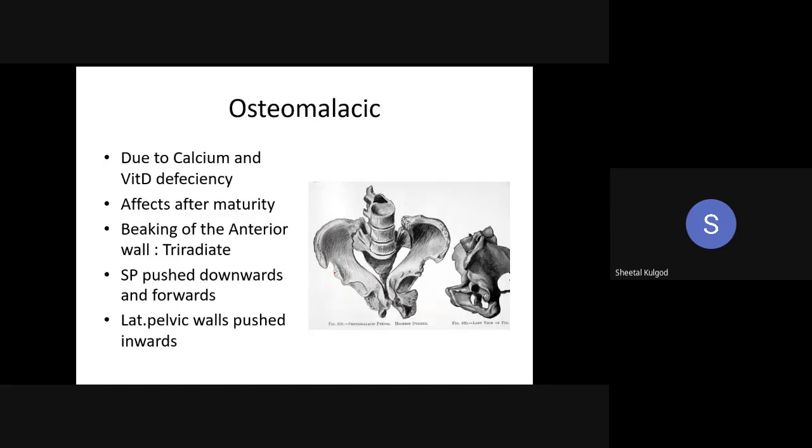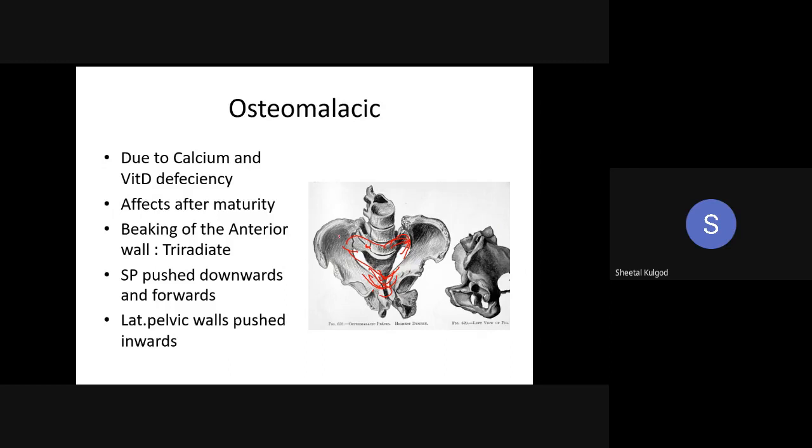So these are the salient features of the rachitic pelvis. Coming to osteomalacic pelvis, again it is because of the severe deficiency of calcium and vitamin D, but affecting in the later age group, that is after the maturity. If it affects, then you get the osteomalacic type of pelvis. Here, because there is a beaking of the anterior wall, it is pushed forwards, and therefore the inlet is almost heart shaped, or it has three extensions, as you can see, 1, 2, and 3.